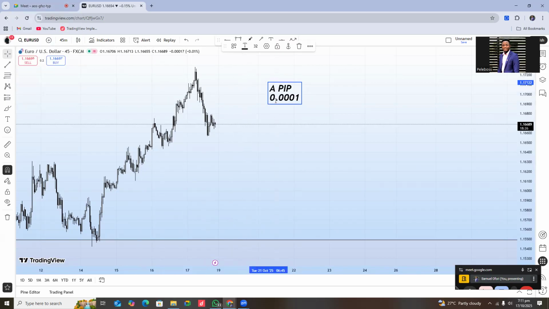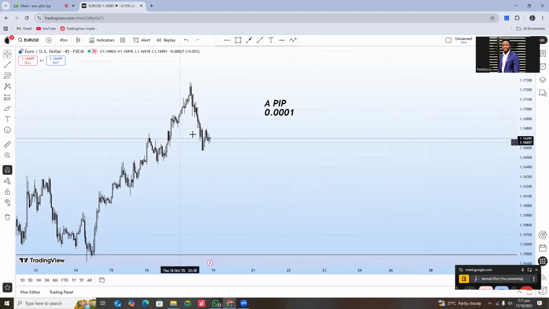A pip is equal to 0.0001. And this evening we will get to understand why it is so. Now watch here. You see that this chart is moving, and you can see some dotted lines drawing all the way to my right side. And you can see a reading here as 1.16694.